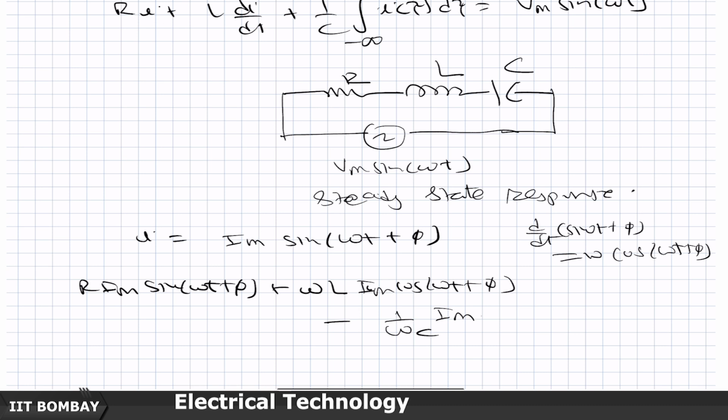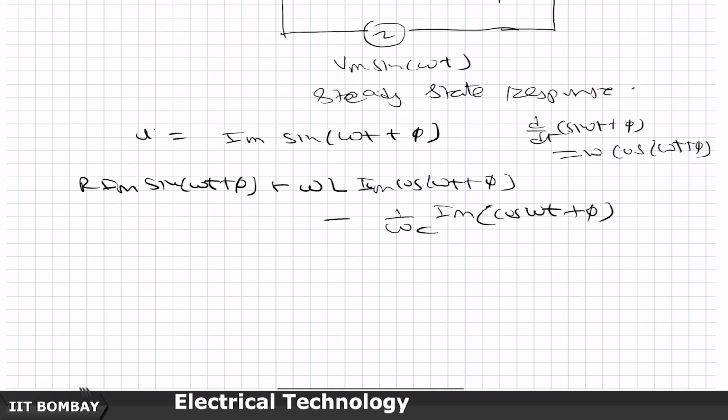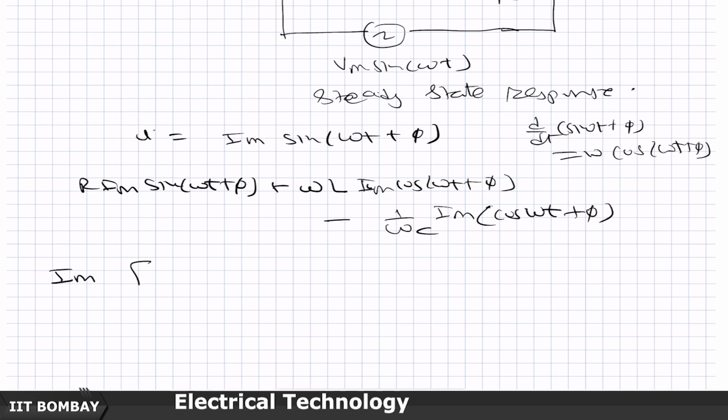Again, the integral of sine of omega t is minus 1 by omega cos of omega t, so therefore this becomes plus. So I can take Im common, right? This is a bit of repetition, but I am doing it because it is important in my opinion to get a good understanding of what is happening.